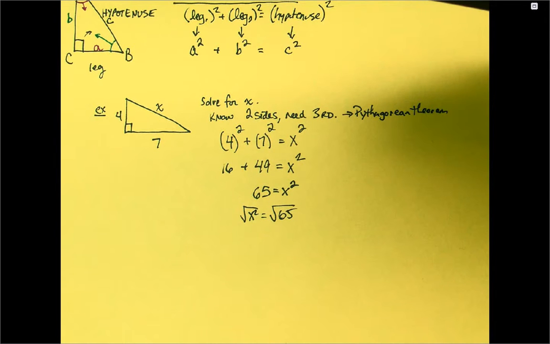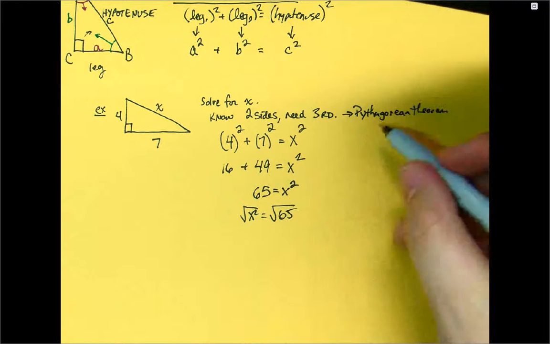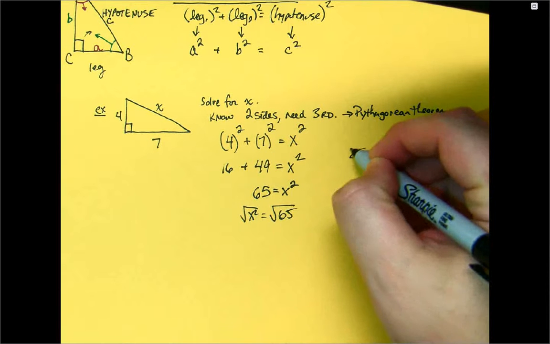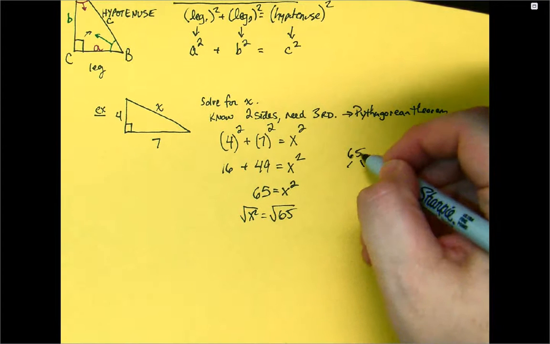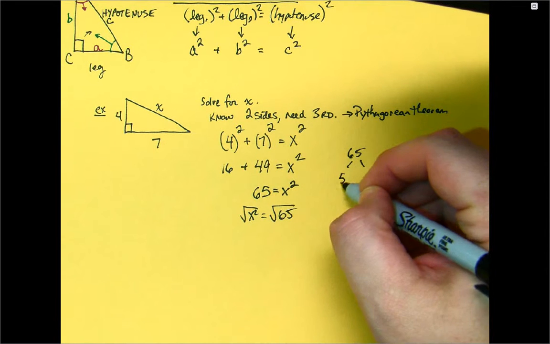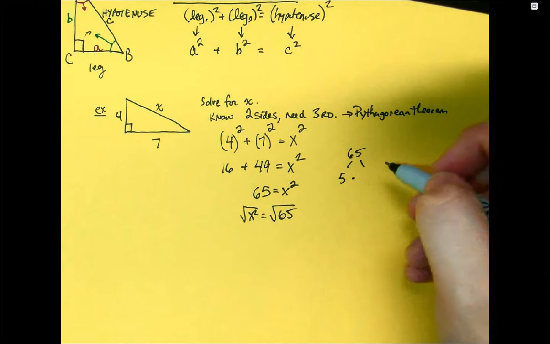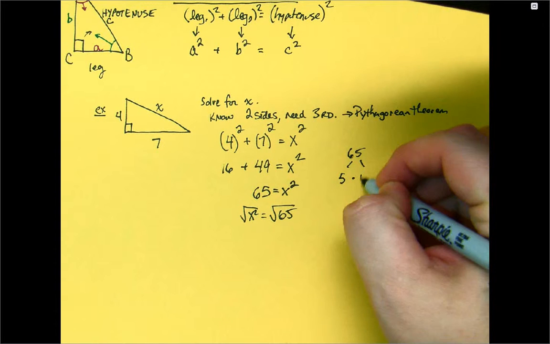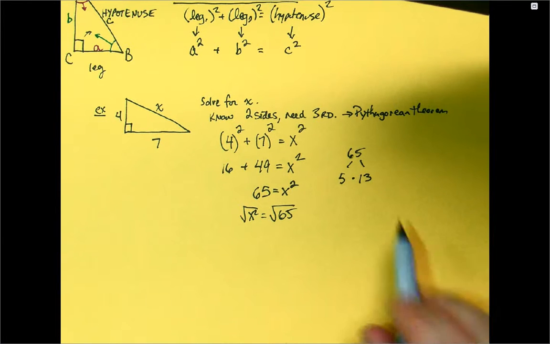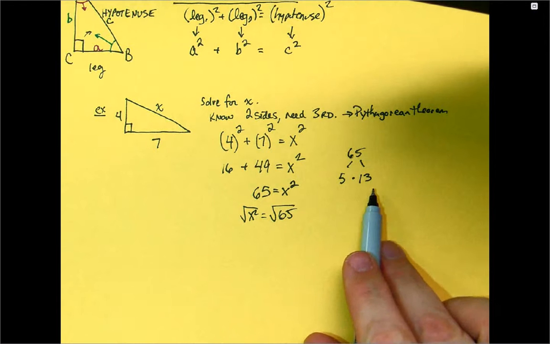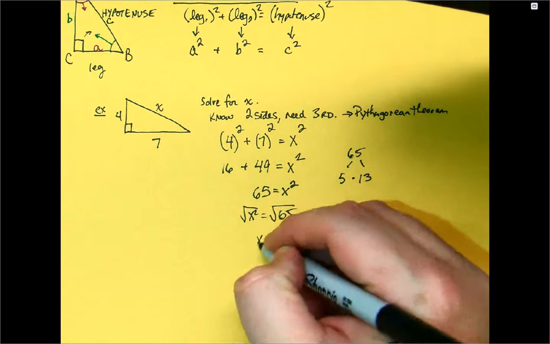So take this 65 and think to yourself, can I break that up into 2 numbers? Okay. Since it's a 5, I know it's 5 times something, right? 5 times 13. Now, the question is, are there any perfect squares in there? Well, 5 is prime, 13 is prime. There's nothing there. So we can leave it as the square root of 65.